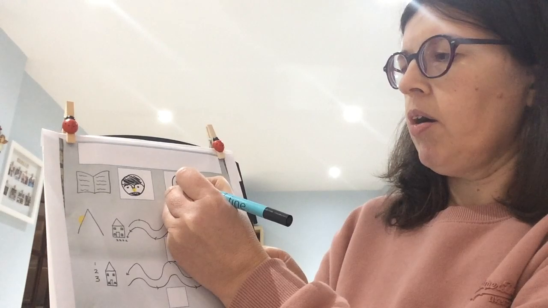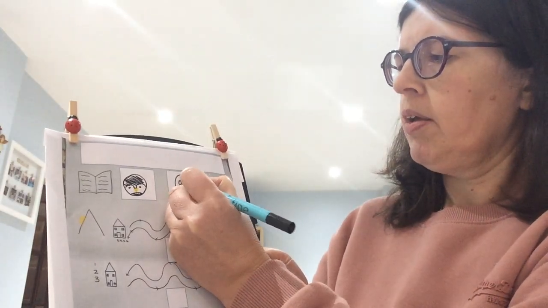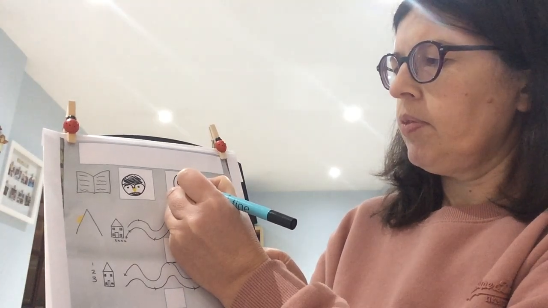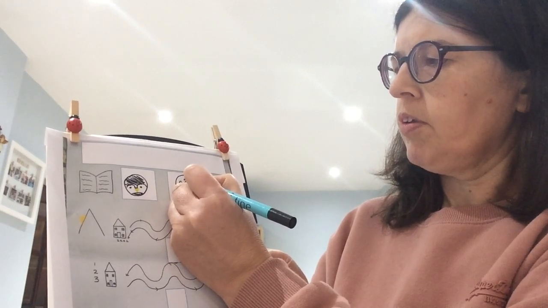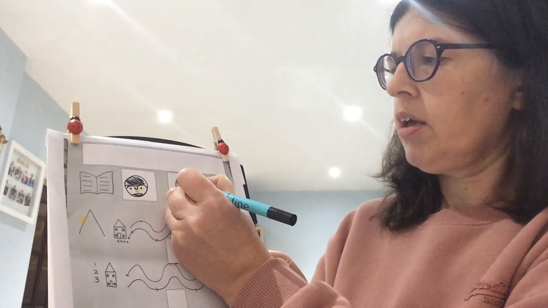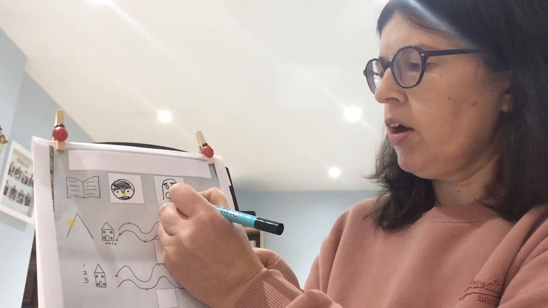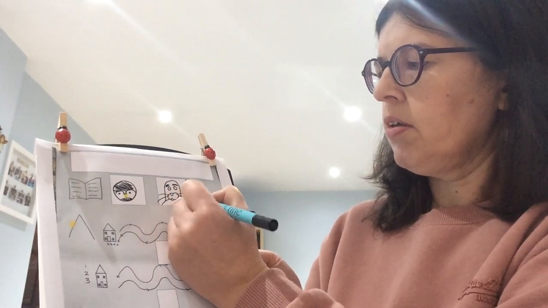And let's do some eyes for him. Ooh, which way should we have his eyes going? I think his eyes are going to go that way. Kind of like long eyes. And give him some eyebrows. Because they do have eyebrows, seals, a bit like us. There we go. Give him a tongue. And there's some of his whiskers.